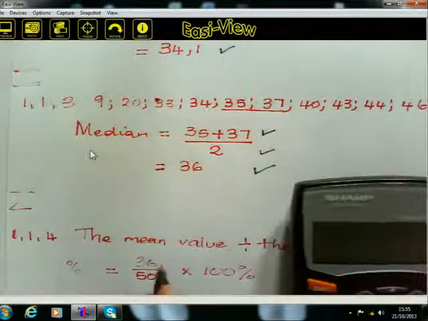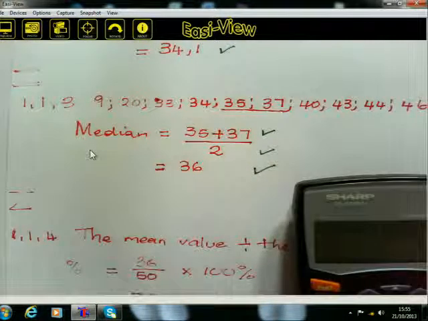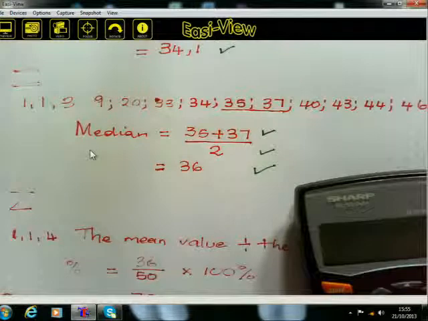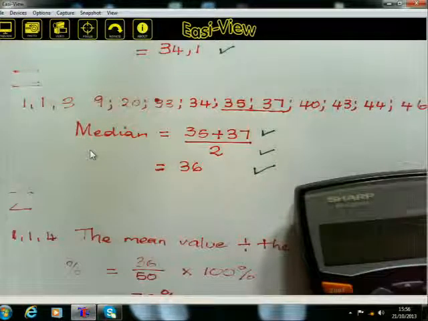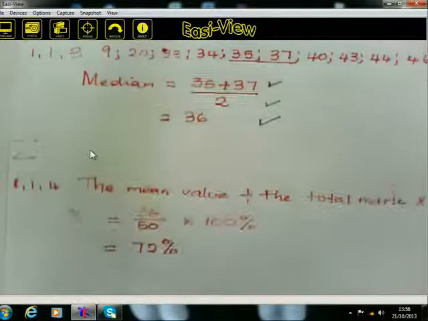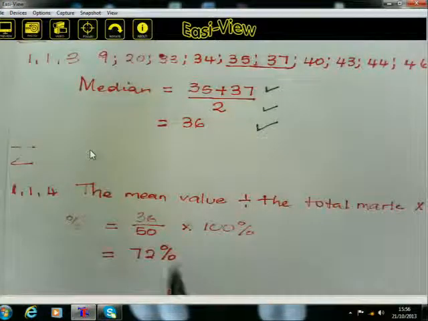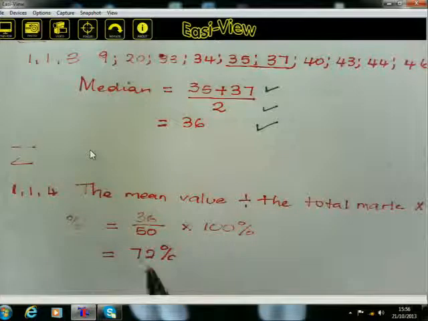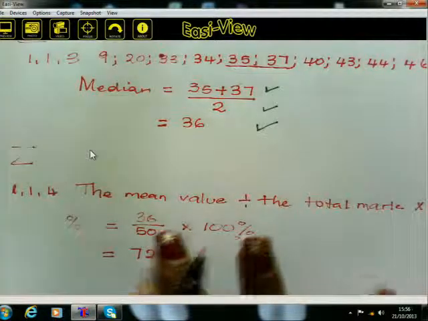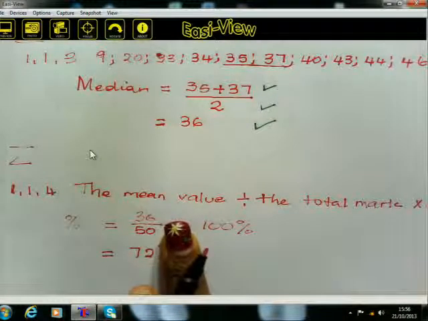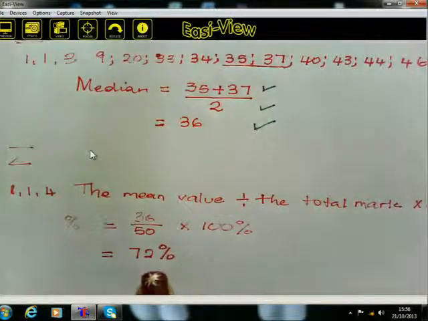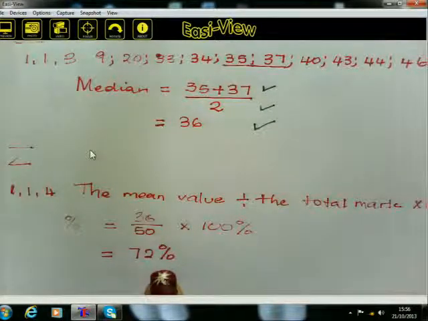So now you write your answer: 72 what? 72%. Please don't just write 72. You might lose a mark by omitting the percentage. Please don't forget to show a percentage sign.